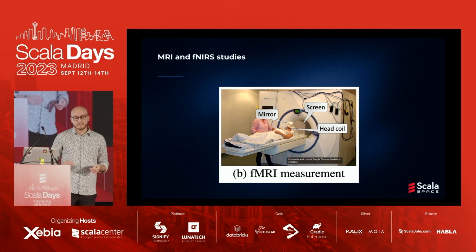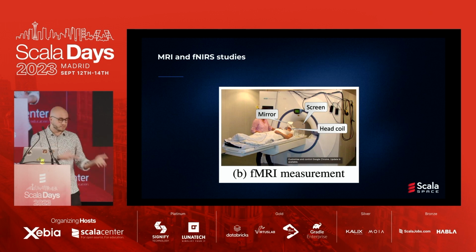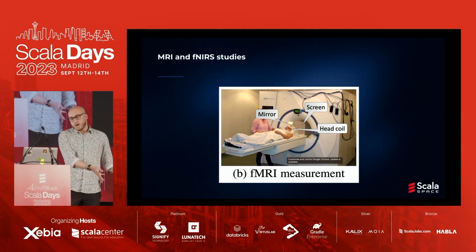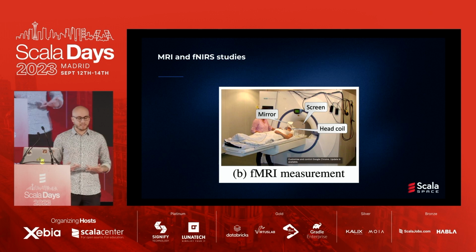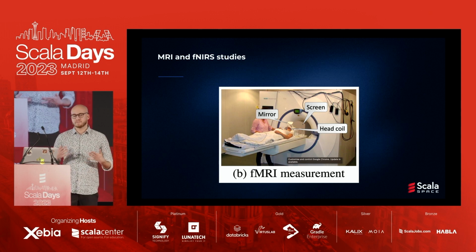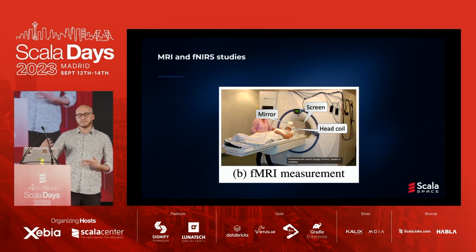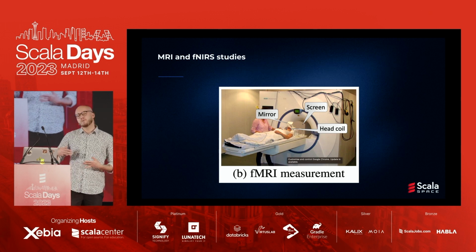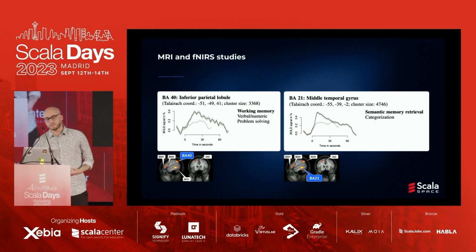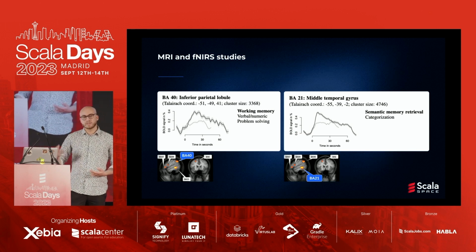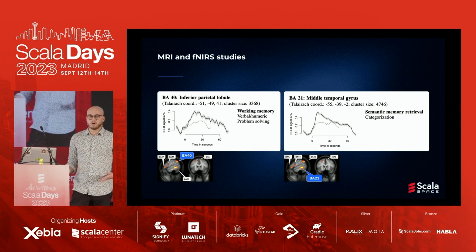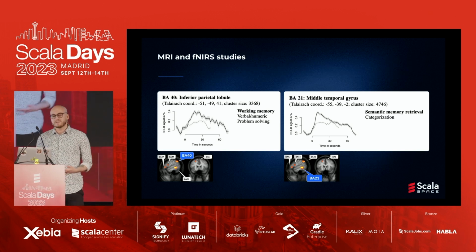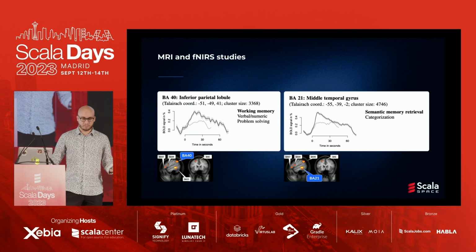You can actually put a person in an fMRI and basically see the blood oxygen level in the different areas of the brain. And if you know that some area of the brain corresponds to the working memory, you can actually approximate the cognitive load of a person. It's not directly that variable, but it's correlated with the cognitive load.